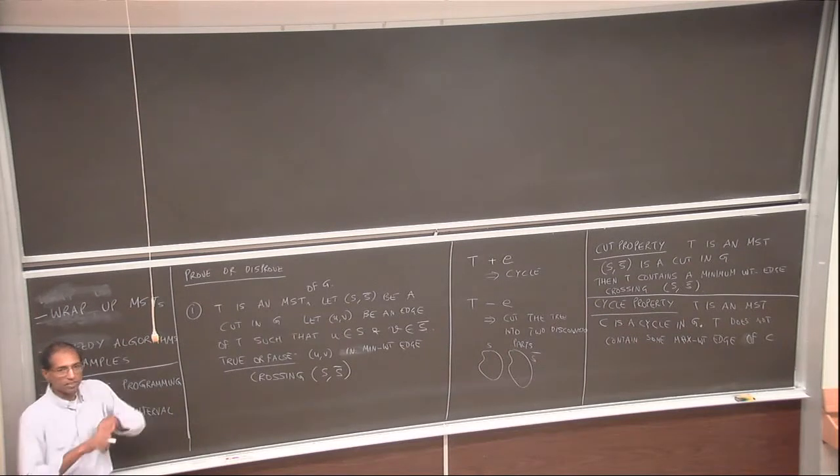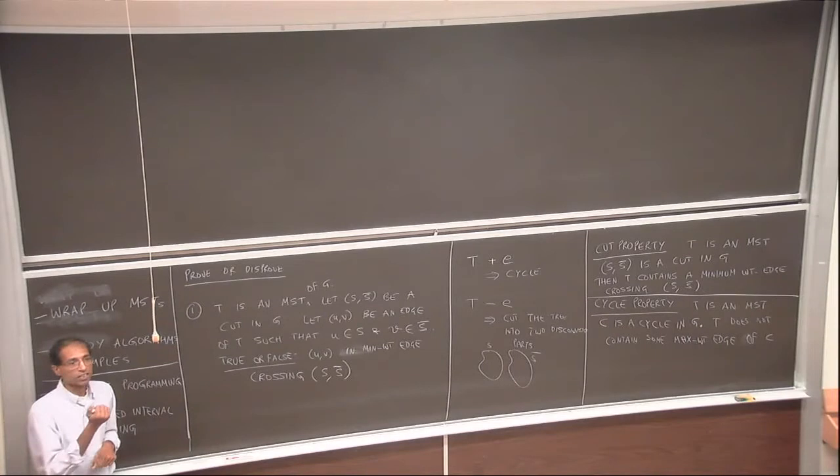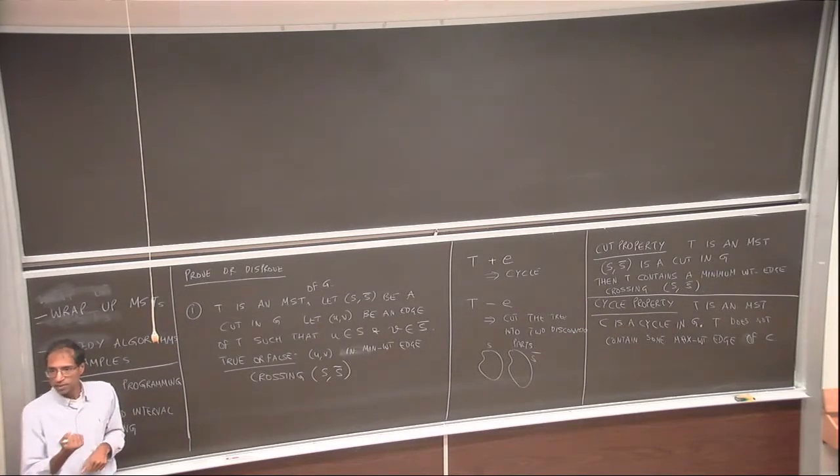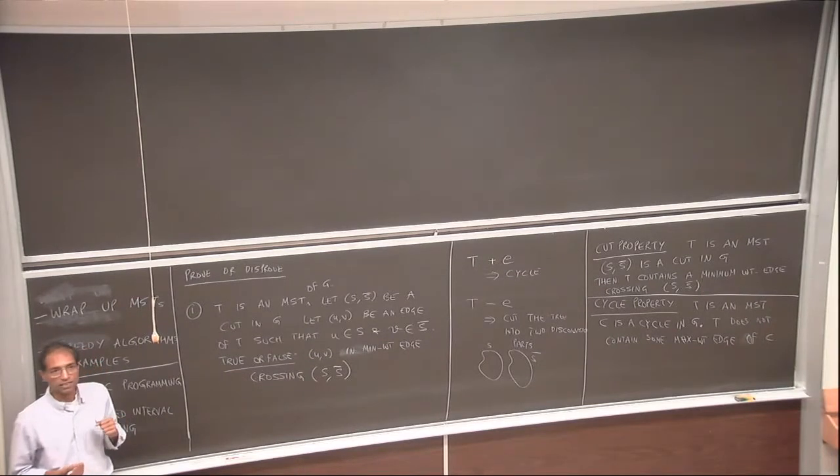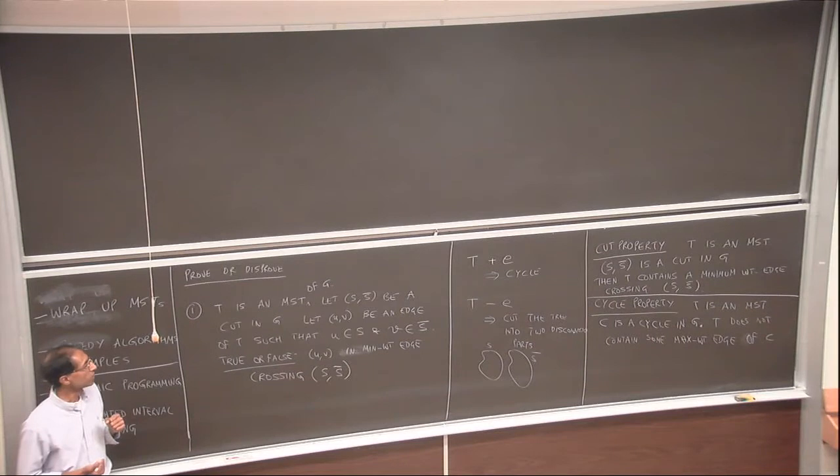S, S complement is a cut given to you, and I show you an edge in the tree that crosses this cut. Question: is this edge the minimum weight edge crossing the cut?